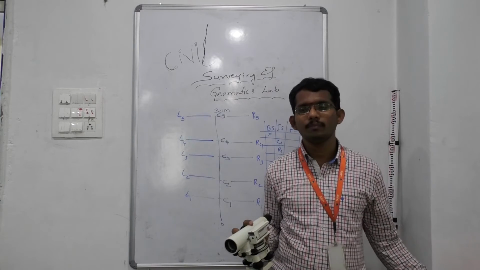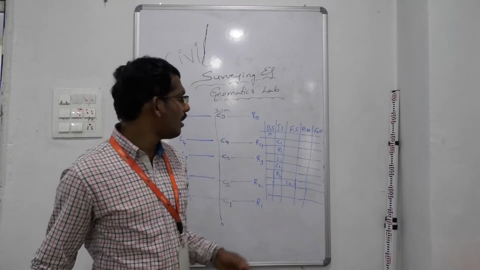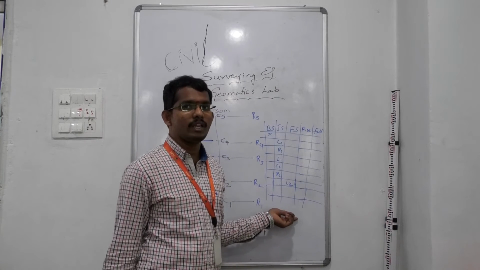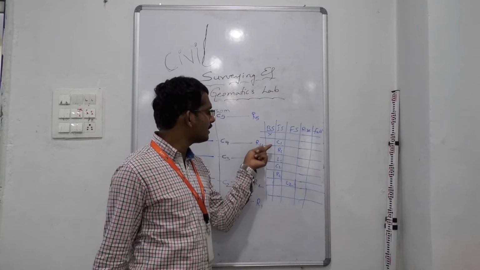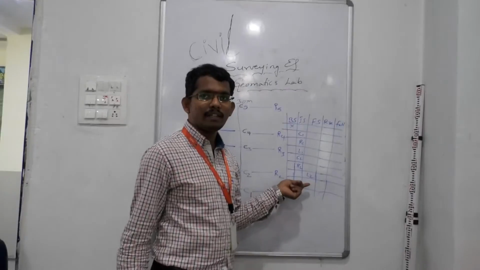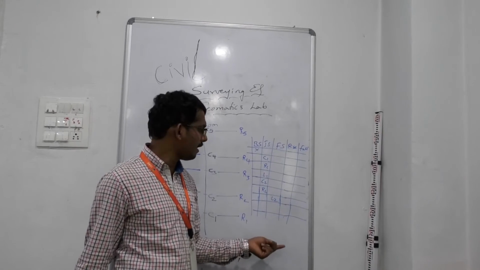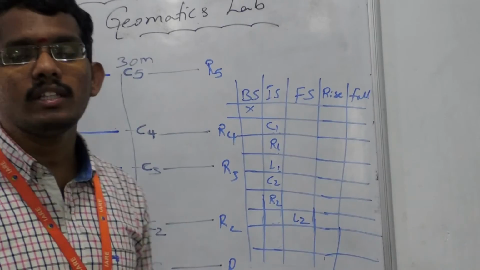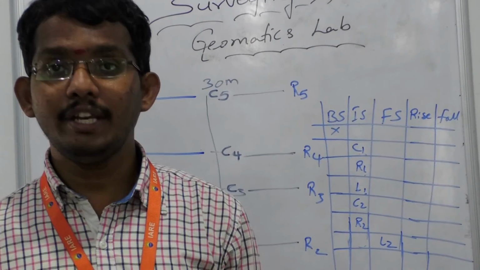After taking all the readings, we have to go for the calculation part. The readings are calculated as in the table given here: backsight and then C, R, L, first readings, C2, R2 and L2, like that up to C5, R5, L5. Using the rise and fall method or height of instrument method, we calculate the reduced levels.